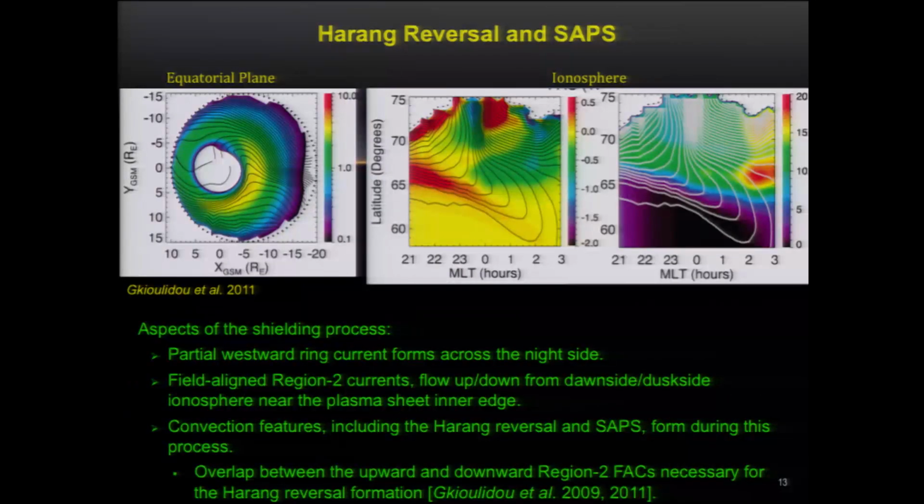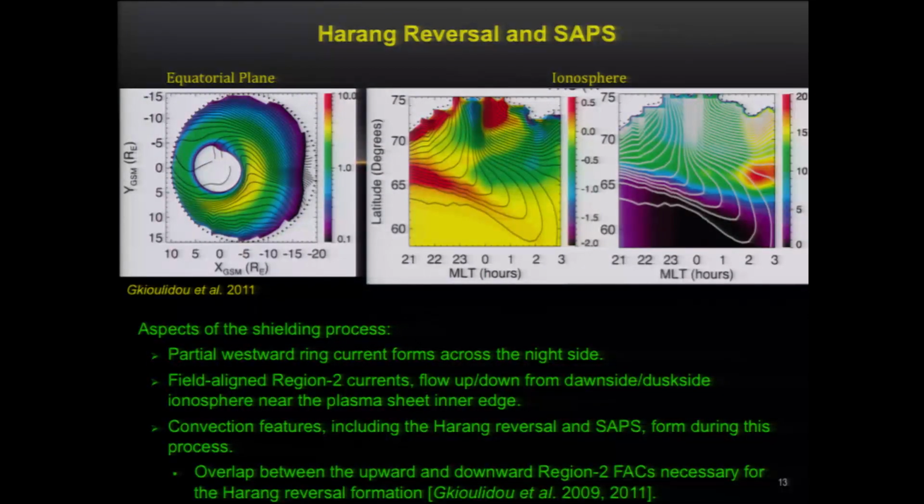You can also think about this from the current closure point of view. The ions in the plasma sheet are more energetic than the electrons, usually 6 or 7 times more energetic. So the gradient and curvature drift faster for ions, and they carry more of the cross-tail current, the partial ring current, with them.